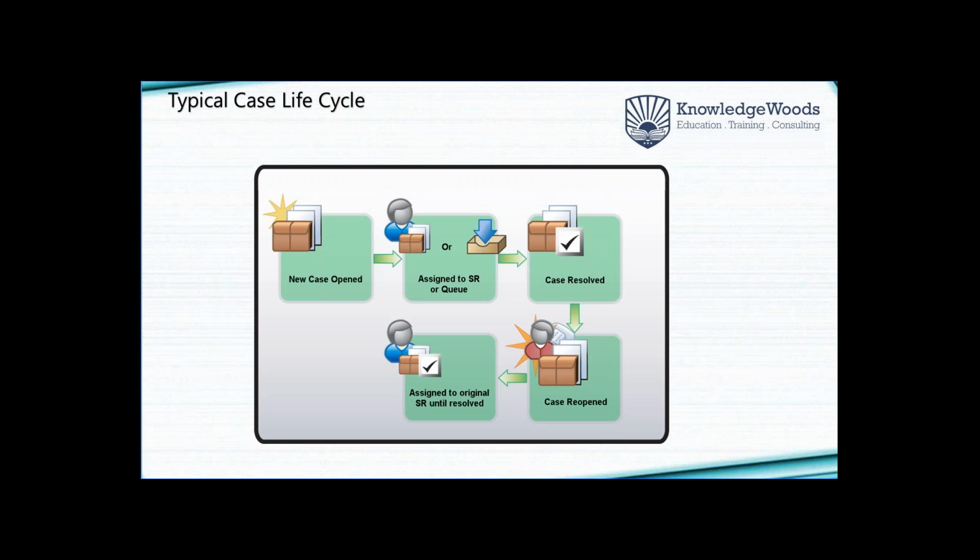Now suppose after resolving, the customer comes back and says he's still facing the issue. You can reopen the case, and then the case is again assigned to the person who last resolved it, who was the owner, and he can work on that case and resolve it again.